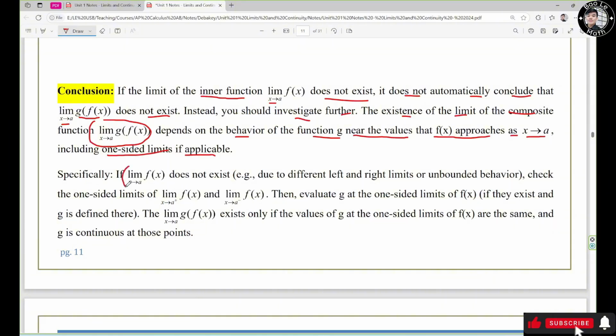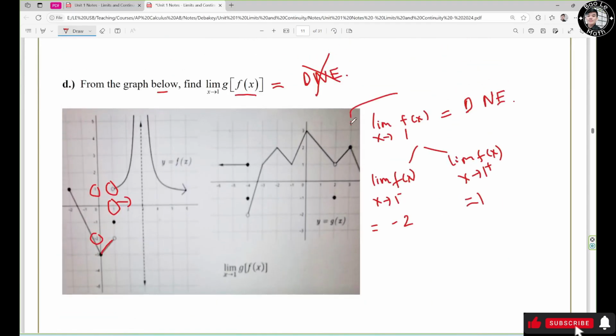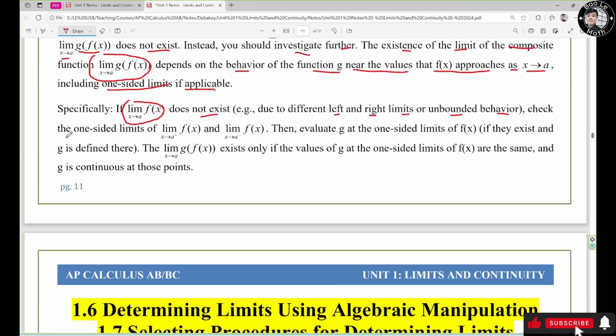Specifically, if the limit of f of s when s approaches a does not exist, which means due to different left and right limits or unbounded behavior, which we just did right here, the inner limit does not exist. Check the one-sided limits of f of s when s approaches a plus and when s approaches a minus.